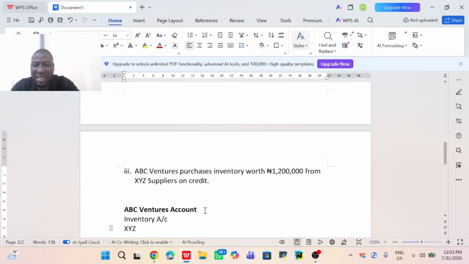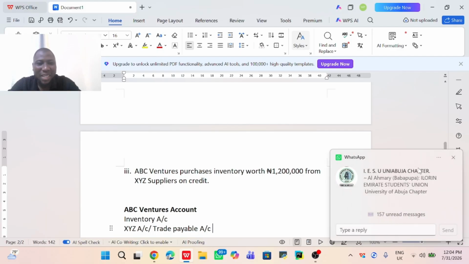XYZ account. XYZ is the name of the supplier, right? It's a company on its own, and you have to record it. You can say XYZ account or trade payables account, it's still the same thing.